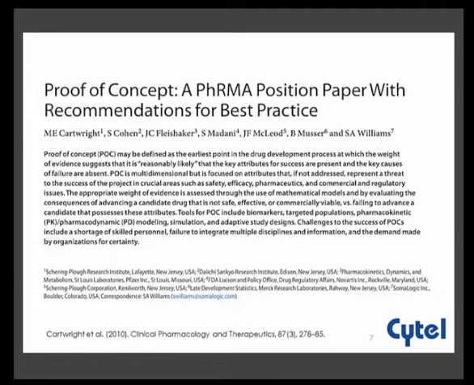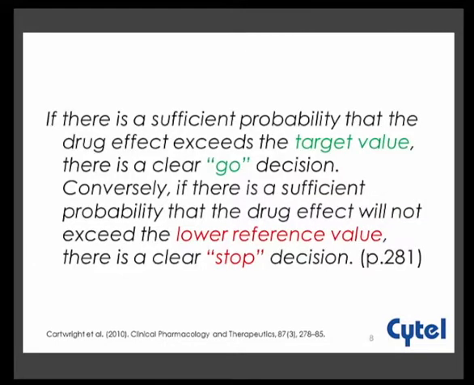Now, before Fish, Cartwright et al. proposed also a dual target approach, which was slightly different. And here, if you allow me to quote them, they say, if there is a sufficient probability that the effect exceeds the target value, there is a clear go decision.